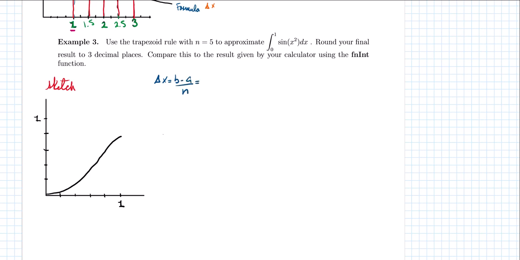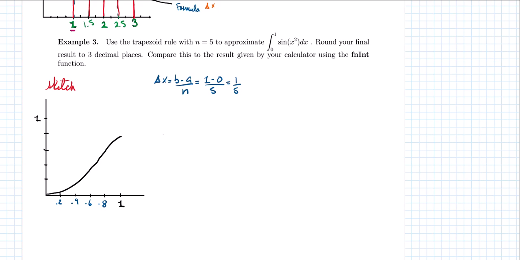Our b here is 1, our a is 0, divided by n, which is 5. So our delta x here is 1/5, which is 0.2. Okay, so that means that each subinterval is going to have a width of 0.2, so 0.2, 0.4, 0.6, 0.8, and 1.